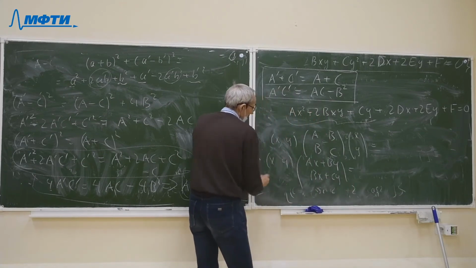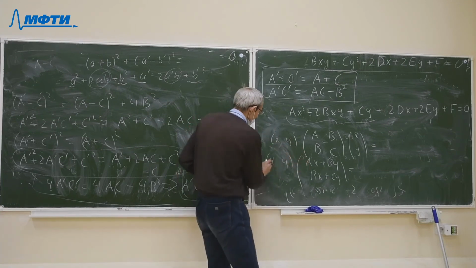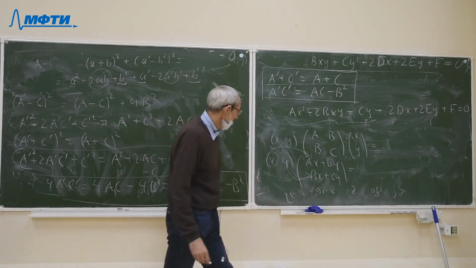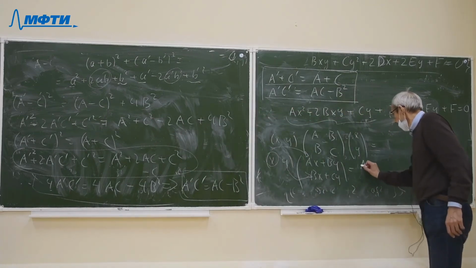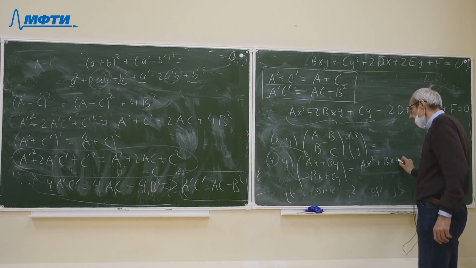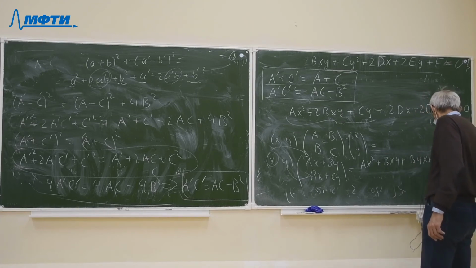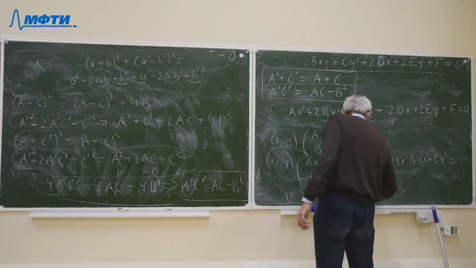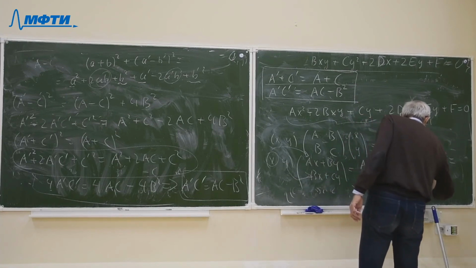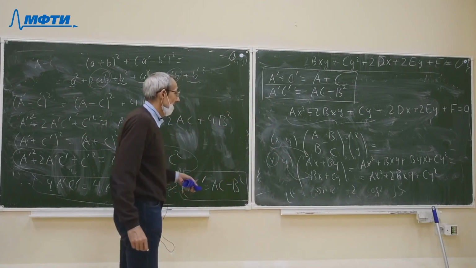And if we multiply this matrix row on this matrix column, we can multiply this term on this term, and after that add this expression, we obtain ax squared plus bxy plus byx plus c y squared. We obtain the final expression.